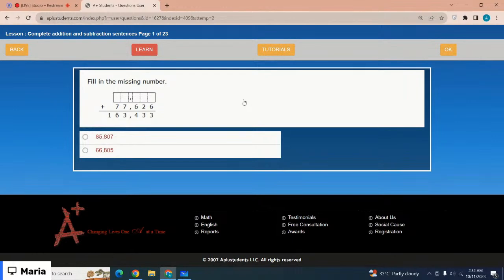Which is the correct option? Which number is missing? Which is the correct option?